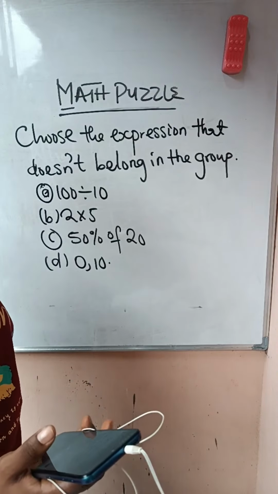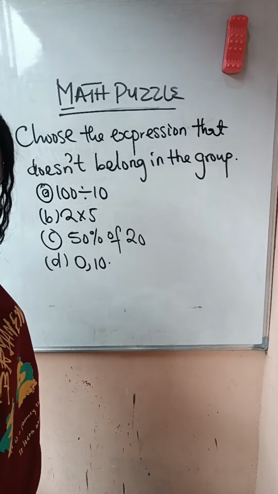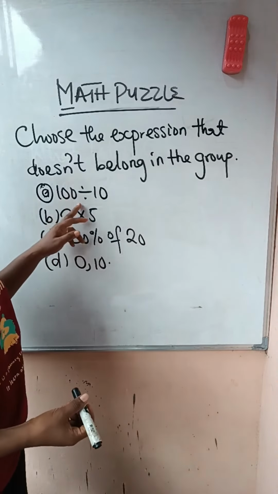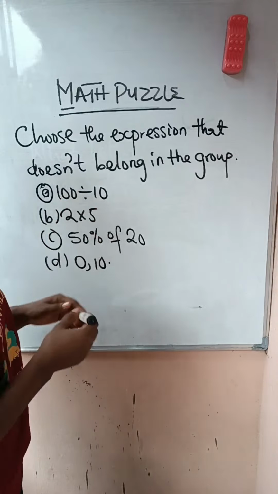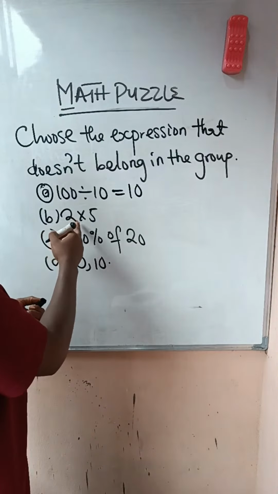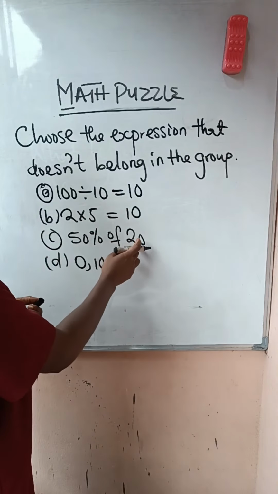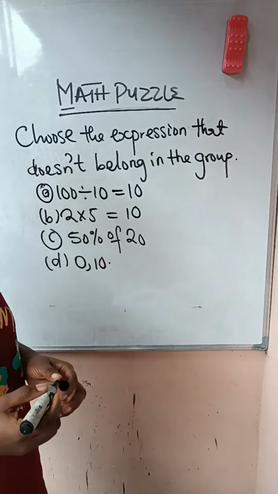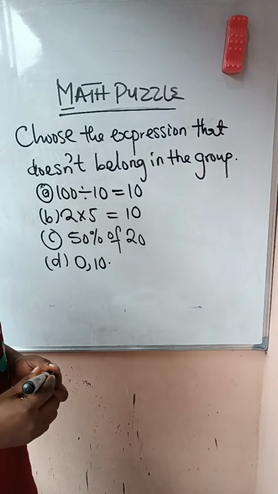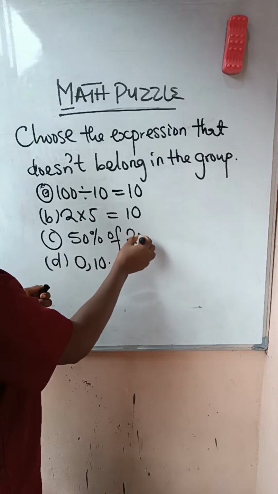Okay, so together we are doing this. Now look at this question. 100 divided by 10 will give us 10. 2 times 5 will give us 10. 50% of 20, there's a math trick for this. When you have zeros and zeros, just cancel.